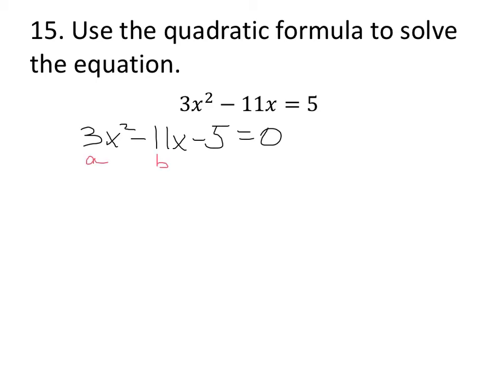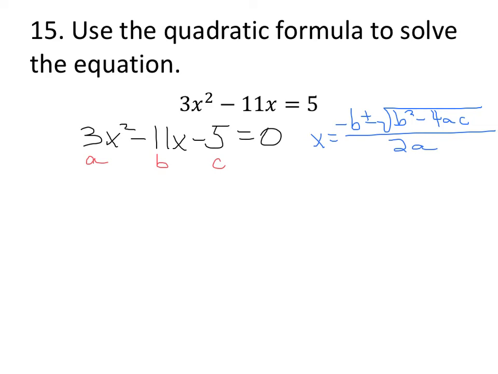And we're going to identify A, B, and C and write out what the formula is, which is x equals negative b plus or minus the square root of b squared minus 4ac over 2a. And you really need to be able to recite that in your sleep.